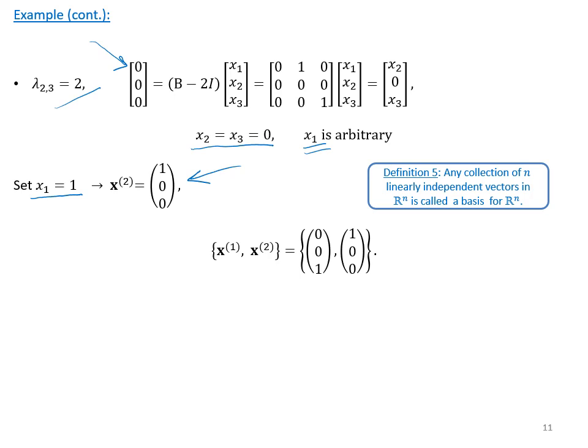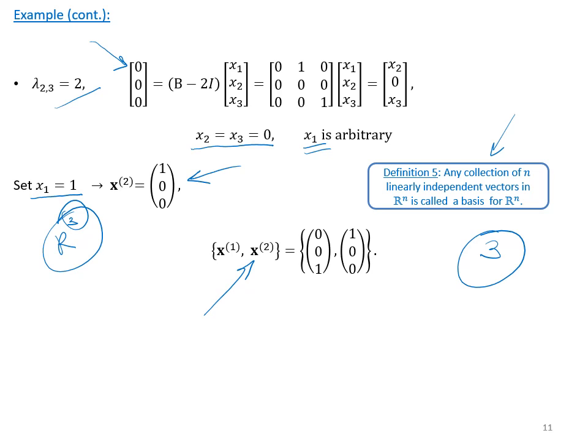So now we should recall that we are in R3 space, and as a result of our calculations, we were able to obtain two eigenvectors. If we recall now the definition of a basis, which is any collection of n linearly independent vectors in Rn is called a basis for Rn, which means that we should expect to have three eigenvectors in our particular case, since we deal in three-dimensional space.